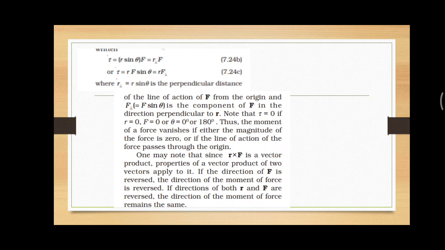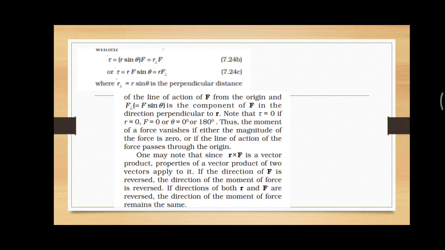So you can see this torque can be 0. Either r should be 0 or F should be 0. If the displacement is 0, or the linear force is 0, or else theta, the angle between F and r, is 0. In such cases the torque value will become 0. If the displacement is 0 or the linear force is 0, in both cases the torque will be 0.